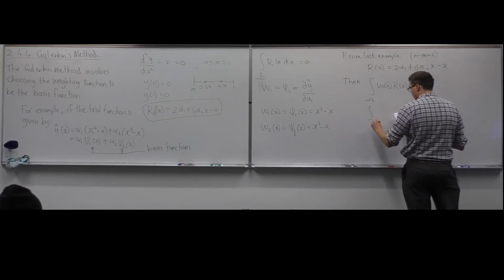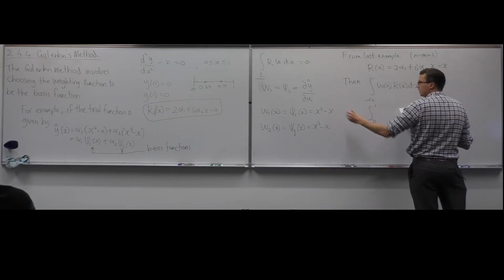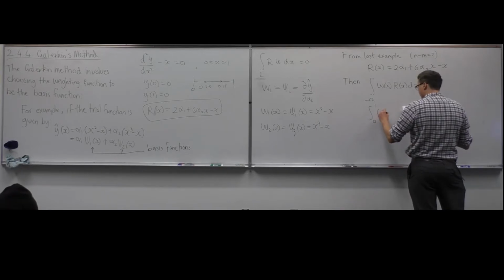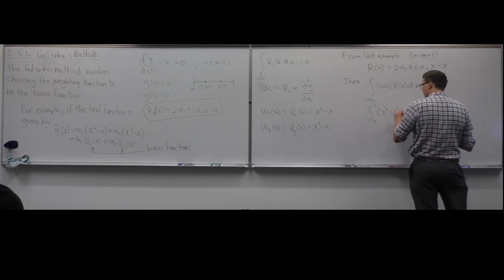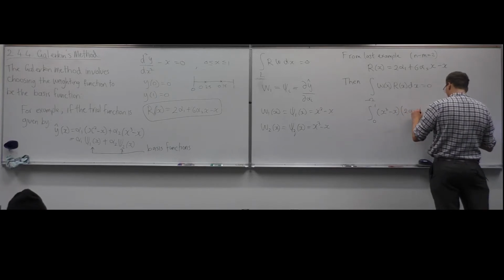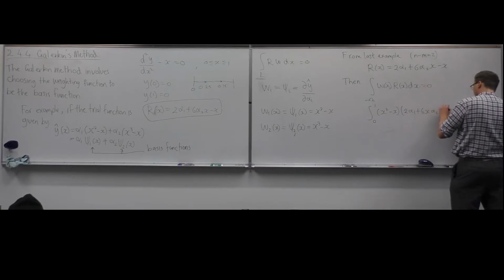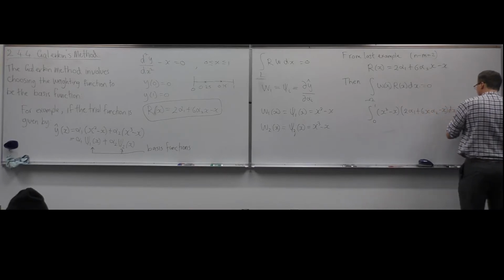So we can write this out as the integral from 0 to 1 of the weighting function 1, which is x squared minus x, times the residual, 2 alpha 1 plus 6x alpha 2 minus x, dx, equal to 0.